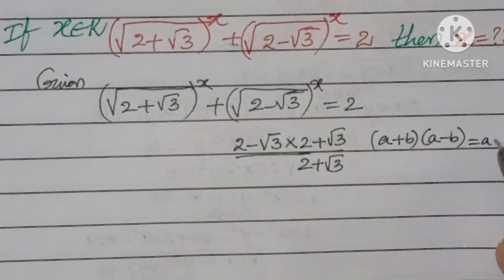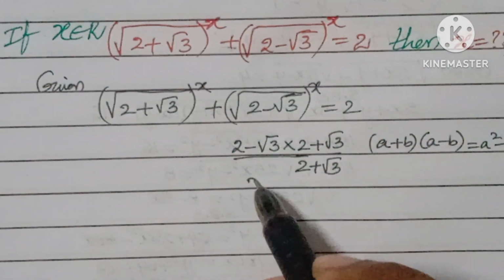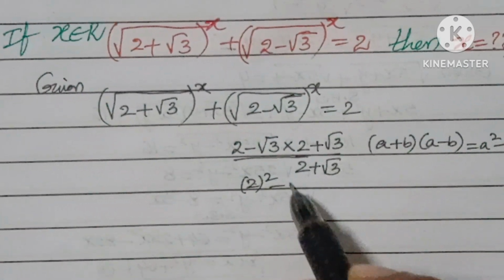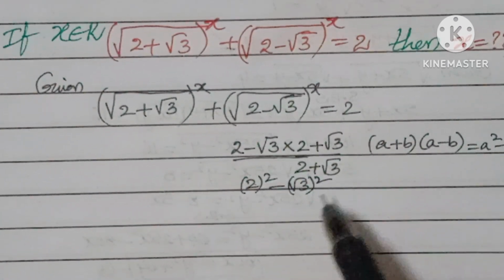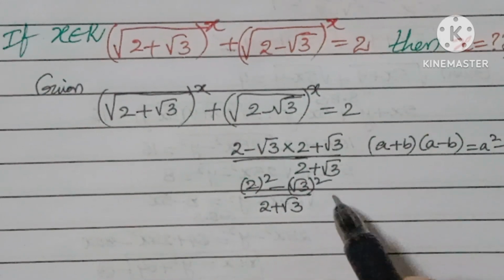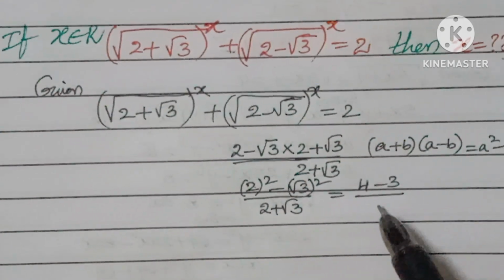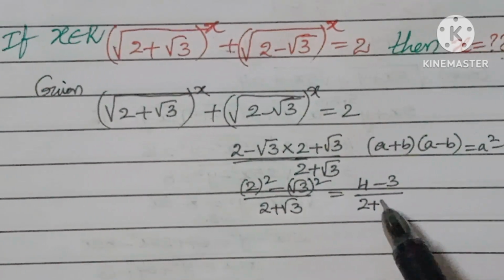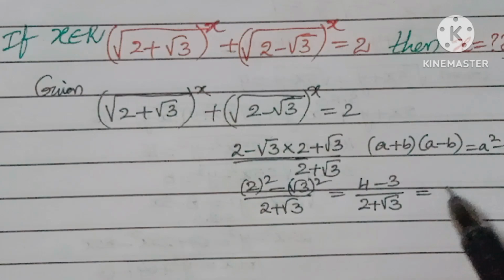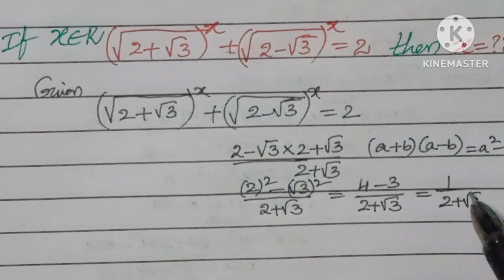So you will get a square minus b square. So here 2 square minus root 3 whole square by 2 plus root 3. We will get 4 minus 3 by 2 plus root 3, so this can be written as 1 by 2 plus root 3.